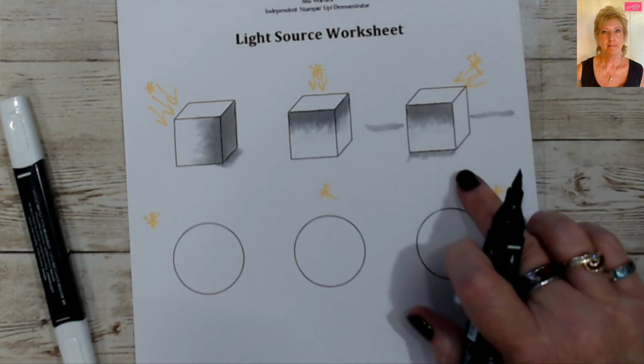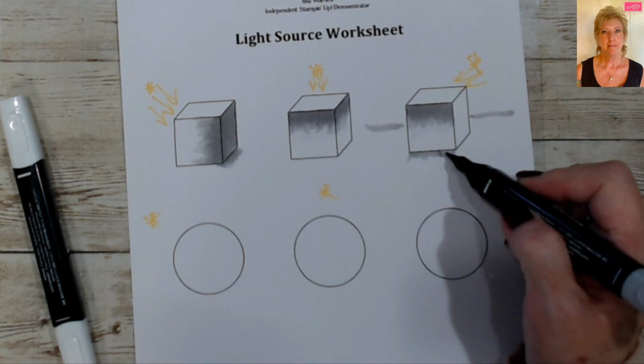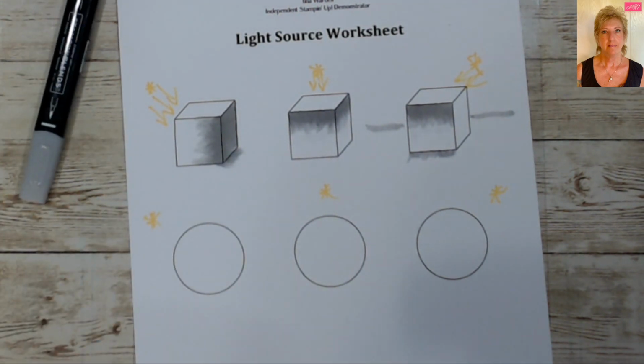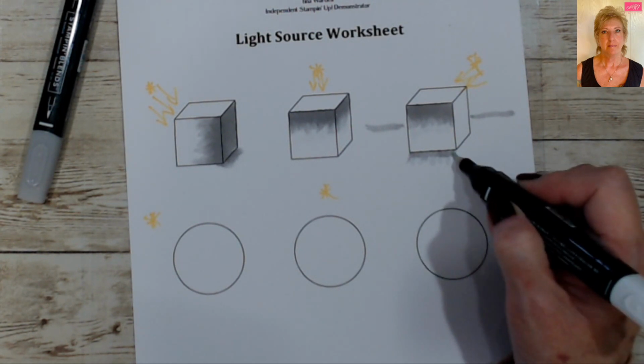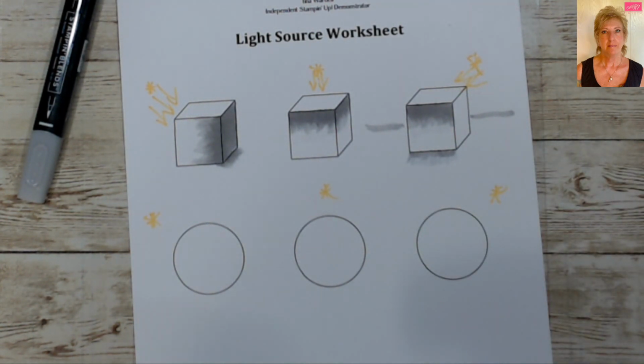It's going to be at an angle from the corner here, okay? And then just take your blender, lighten that edge ever so much. What you're doing is giving perspective and dimension. Okay, so see how that looks like it's sitting on a table?